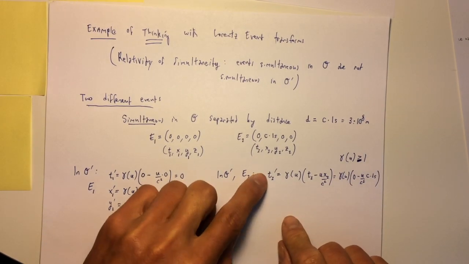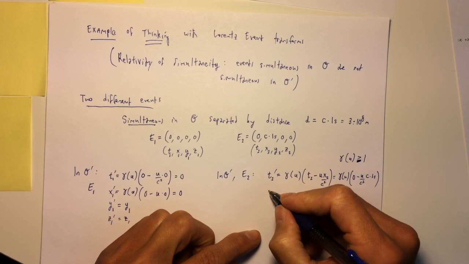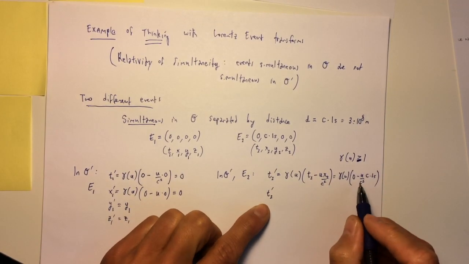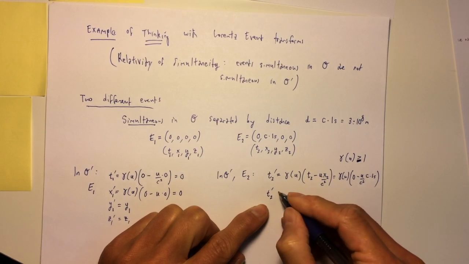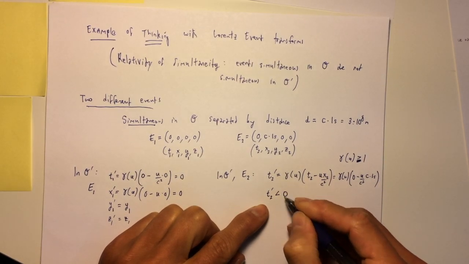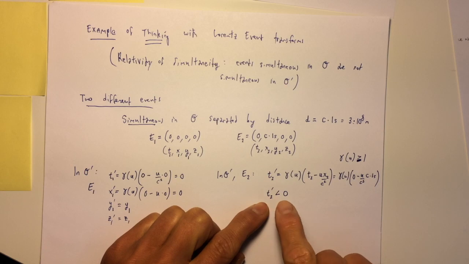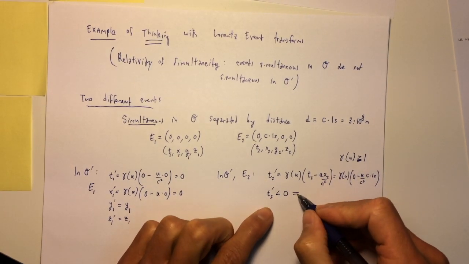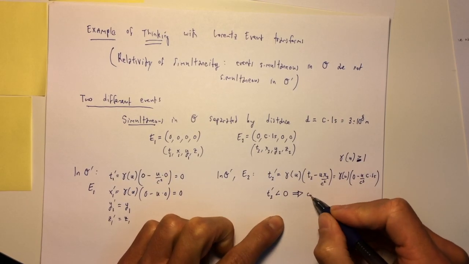And so this says that T prime for event number 2 is actually negative, right? It's negative.